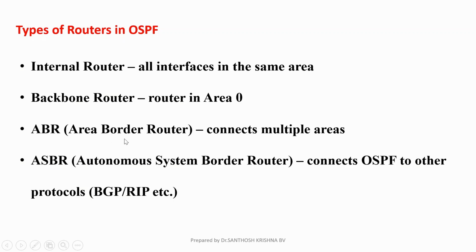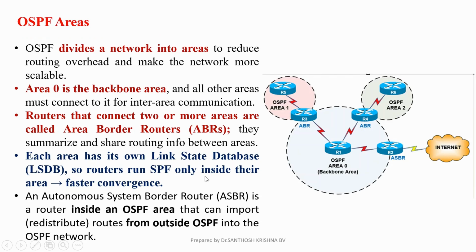We have the area border router, which is like a border security, which will connect multiple areas. And we have a very important one called the autonomous system border router, which connects OSPF to any other protocols outside, or to ISPs, such as BGP, RIP, or external networks. That is the autonomous system border router.